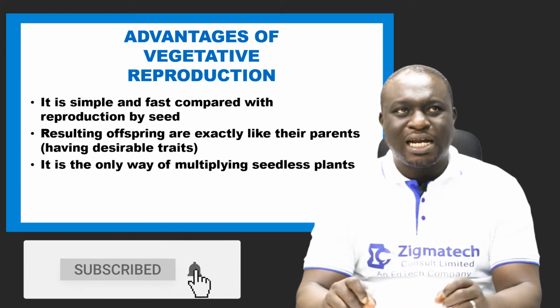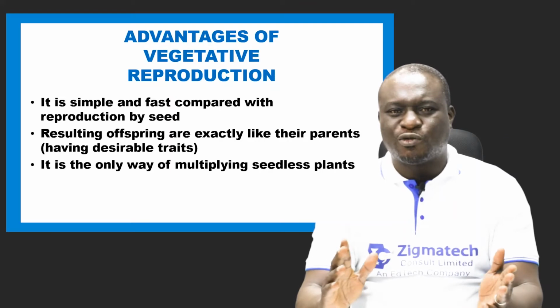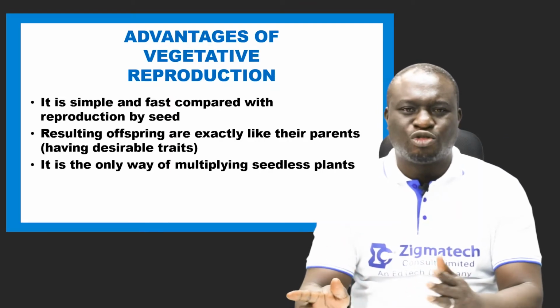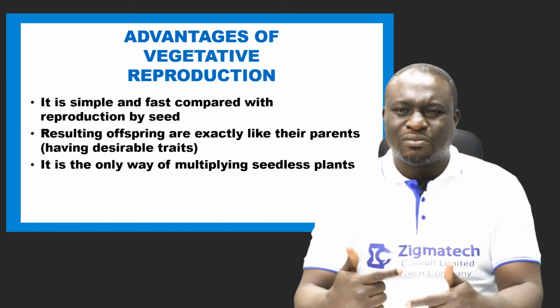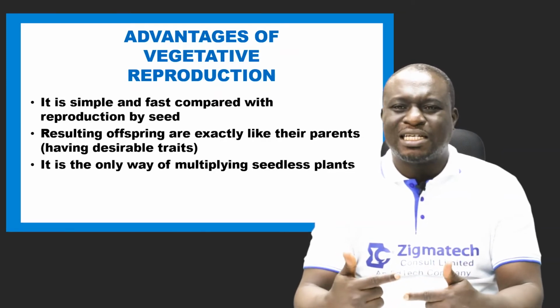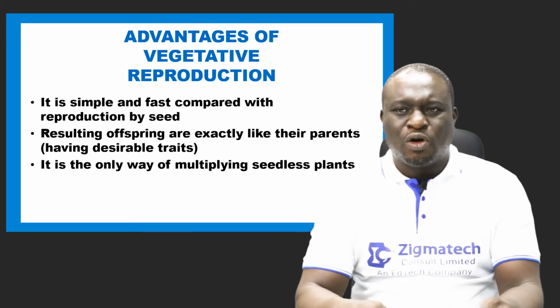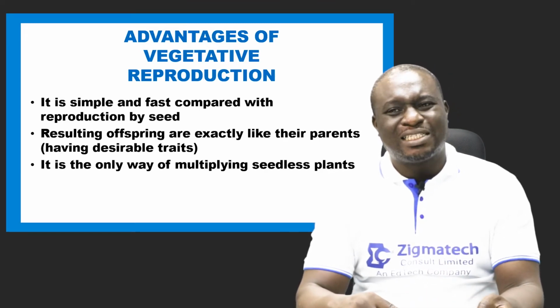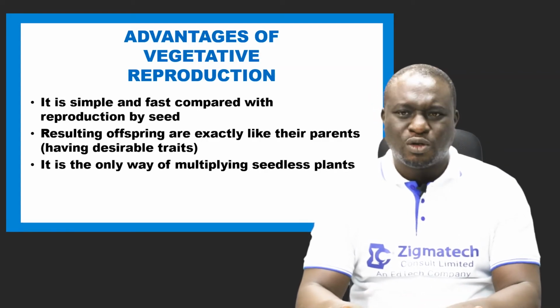With seeds, before pollination takes place from one part of the plant to another, it takes a longer time. But vegetative reproduction is faster and simple to carry out.